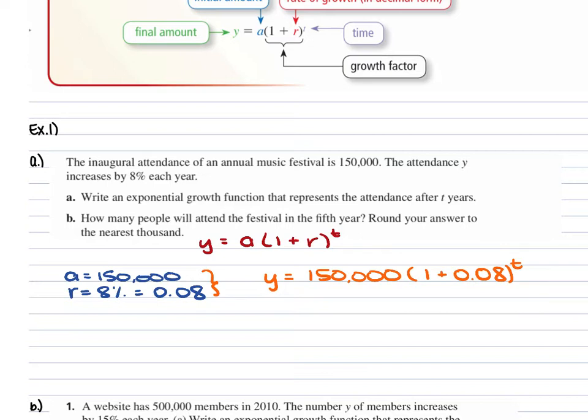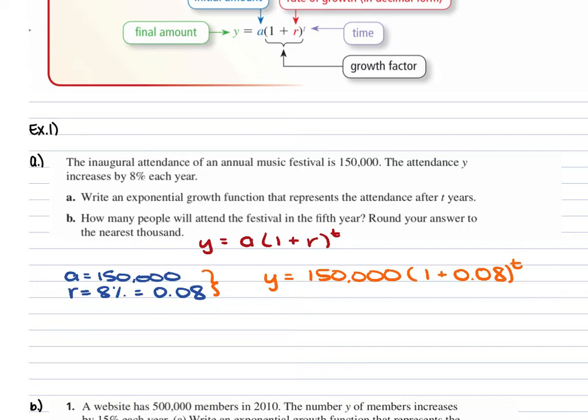Now, with this, the only thing I'm going to ask you to do is to plug in the power for time and simplify what's inside the parentheses. You're not going to be solving it completely because you're not working with calculators. If you were working with calculators, I would expect you to simplify it fully. However, you're not.